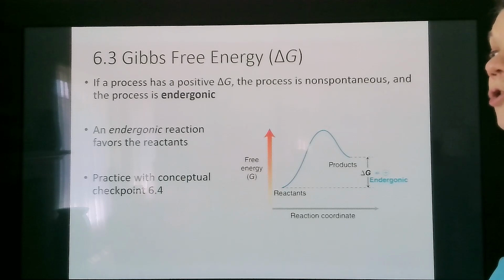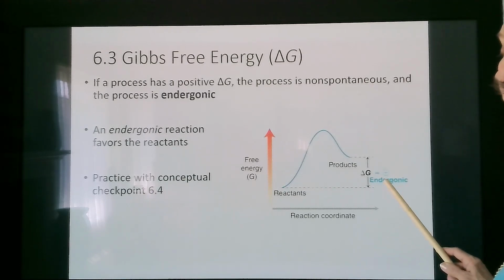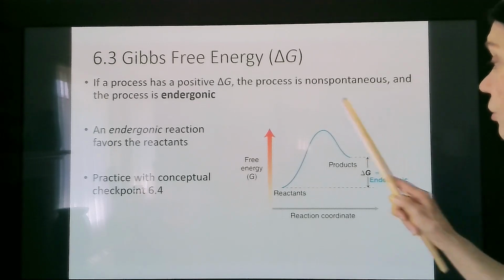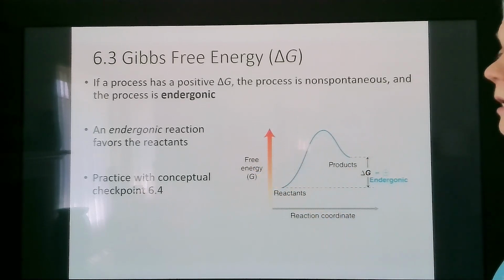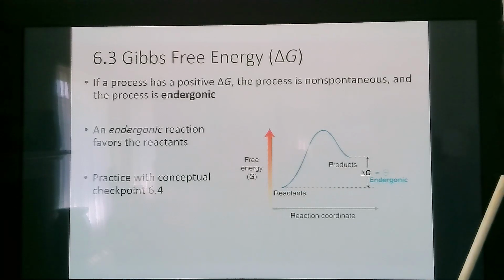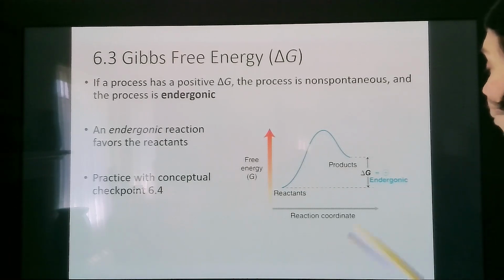So in your mind, you can relate endothermic with endergonic, although one is describing the enthalpy and the other is describing the free energy. If you relate those two, it may help you remember them a little better. The words are a little bit similar.